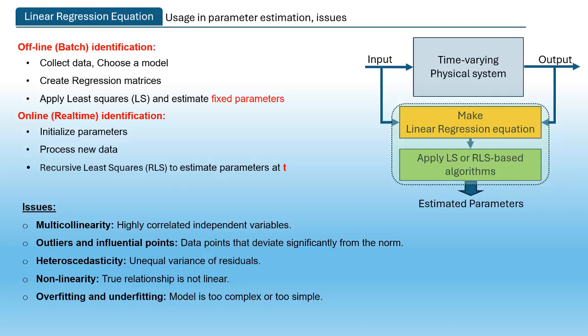Number two is online or real-time identification. In the real-time case, the data is constantly updated and the model is recalculated to reflect the latest information. It starts with initial estimates for the model parameters and then, as new data arrives, updating the parameter estimates using algorithms like recursive least squares.